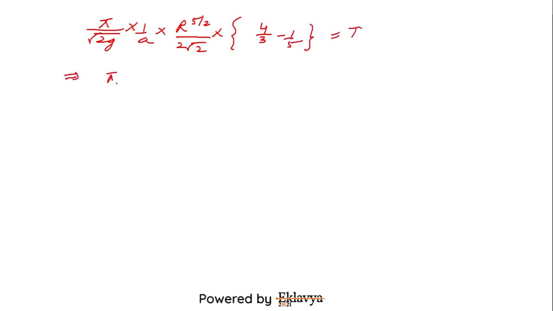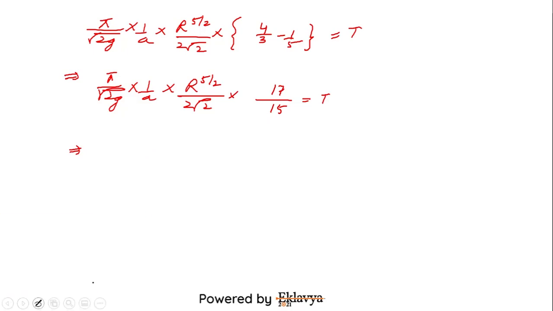This would mean pi by root 2g into 1 upon a into r raised to power 5 by 2 into root 2 times 17 upon 15, since 20 minus 3 will become 17. So we should be looking for an expression like this. Okay, we can further simplify it a bit. So this 17 will remain as it is, and then this root 2 and this root 2 will become 2.